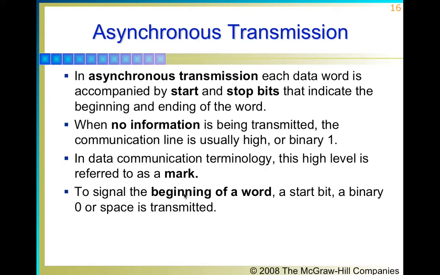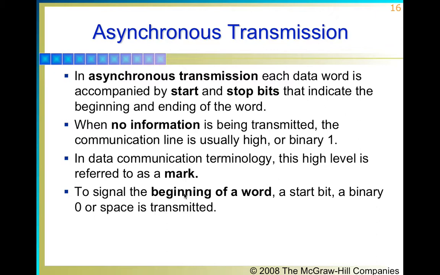Now we have to discuss another transmission category, which is the asynchronous transmission. Whenever a transmitter sends data to the receiver in an asynchronous manner, it sends a start bit before sending the data and a stop bit after sending the data.